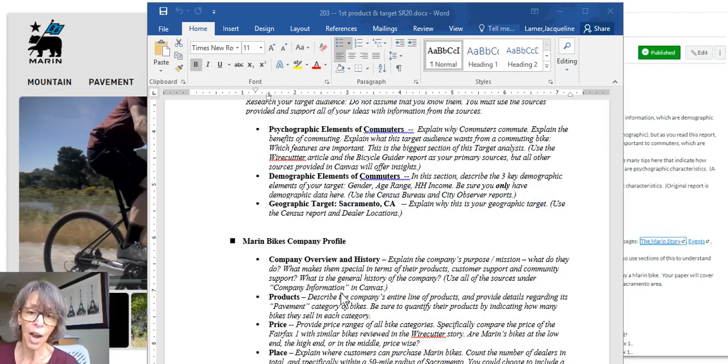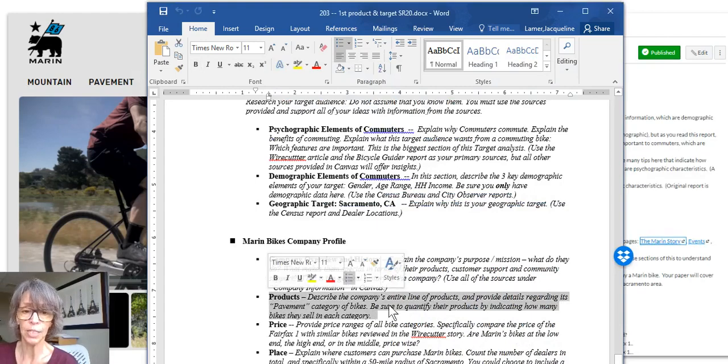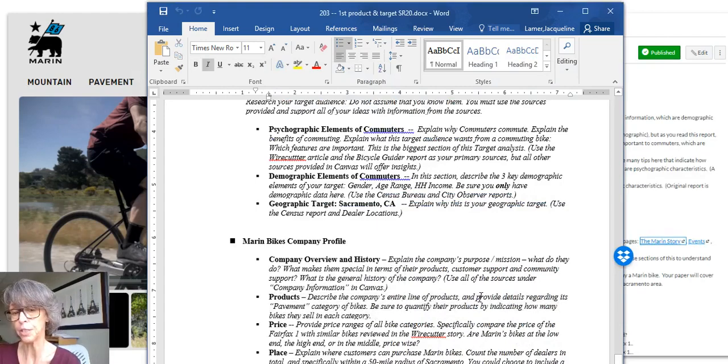So you want to describe the products here, but be sure that you're going into that Fairfax 1 detail because that's your focus for this assignment. And next you want to talk about the price range. So the Wirecutter article talked a little bit about price, and of course your website talks about price too. So what I recommend is that you provide an indication of the price range across many of the bikes that Marin sells, but also provide the cost of that Fairfax 1.